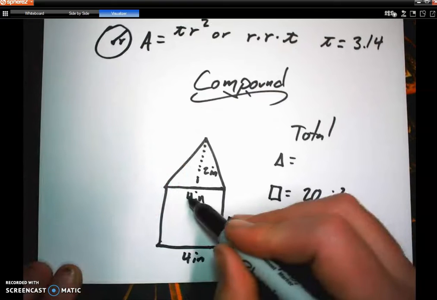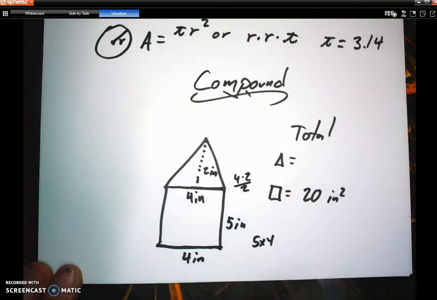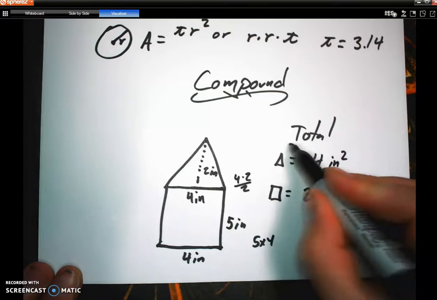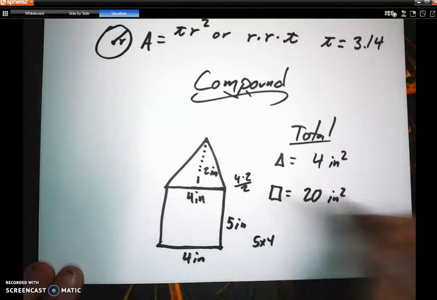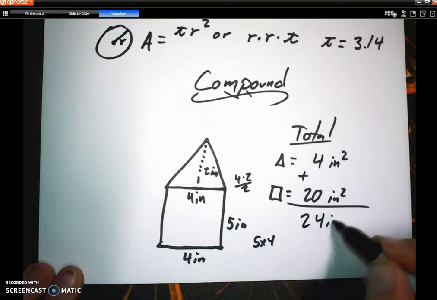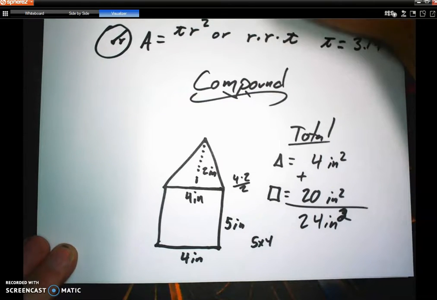So I go 4 times 2, which is 8, and then I divide by 2, which is 4 square inches. So the total area of this shape is 20 plus 4, 24 square inches.